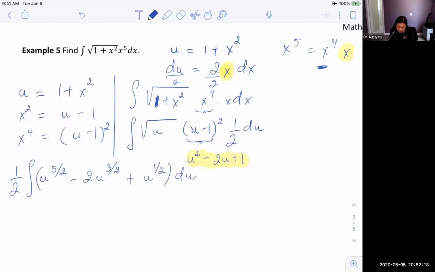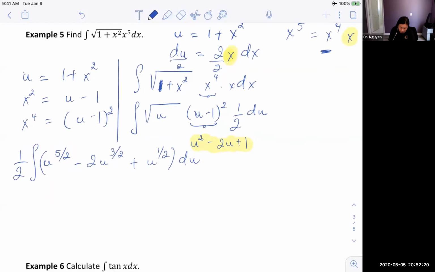Okay, from here, we can take the antiderivative. So I still have 1/2 here, and then we have 2/7 u to the 7/2. When you divide by 7/2, you multiply by 2/7. So you should all know that we multiply by the reciprocal.